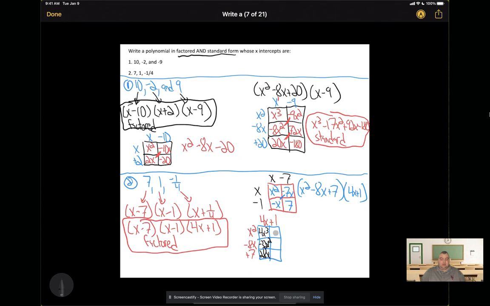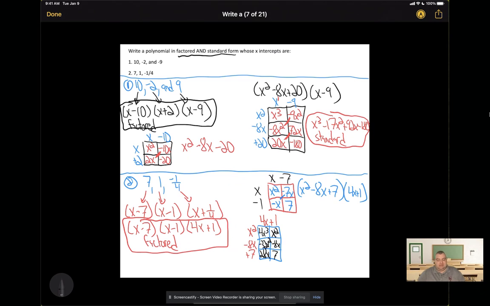Okay. Second column, x squared times 1. Well, anything times 1 is itself, so x squared times 1 is x squared. Negative 8x times 1 is negative 8x. And 7 times 1 is obviously 7.